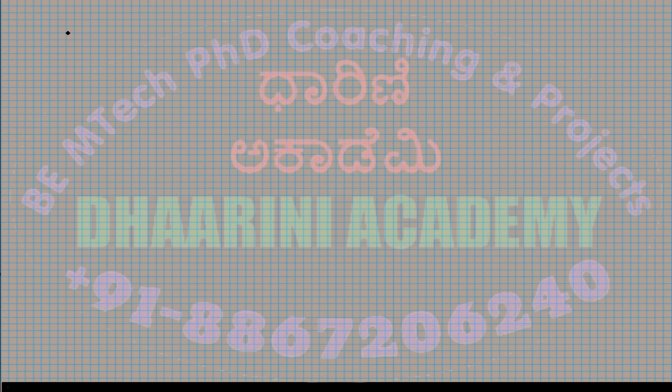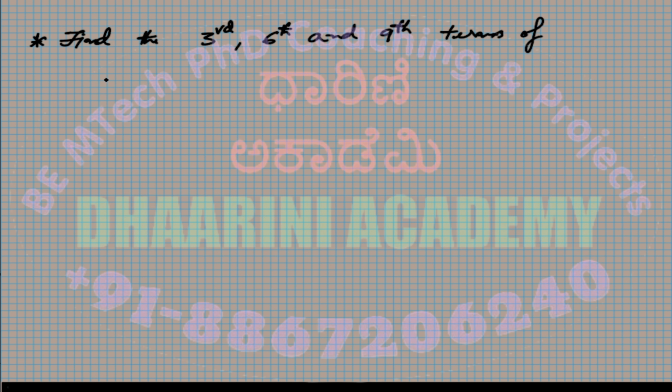Another problem. Find the third, sixth, and the ninth term of 3x minus 4 by x squared, to the power 30.